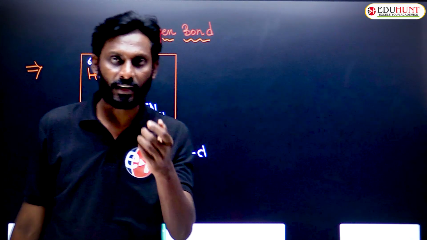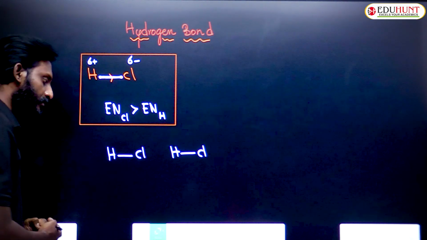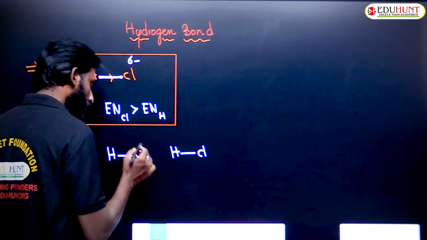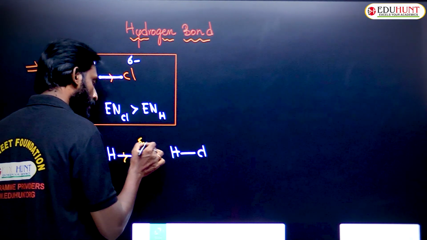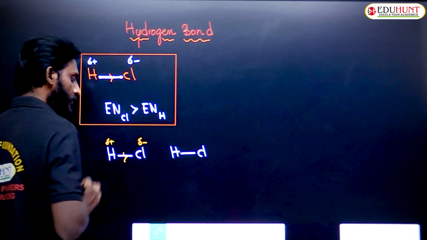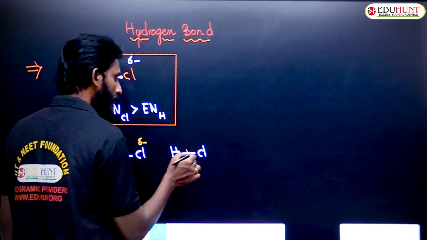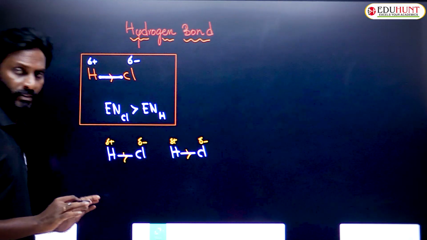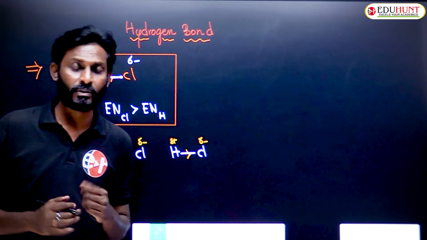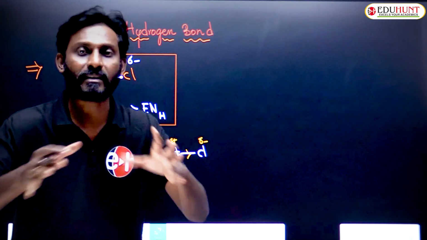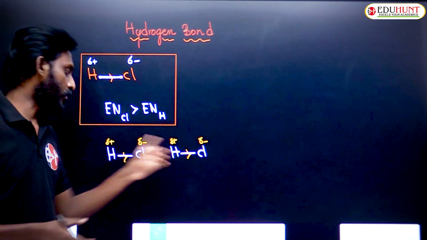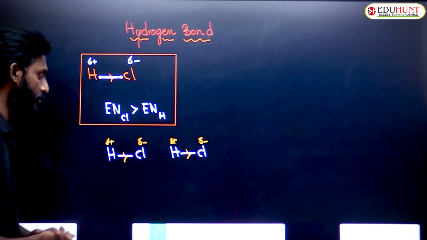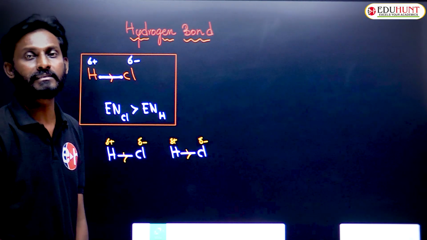This molecule has a partial negative and partial positive charge, and that molecule also has a partial negative and partial positive charge. Side by side I have taken two molecules, but in matter the number of these molecules side by side is huge. Then obviously you can guess something here.